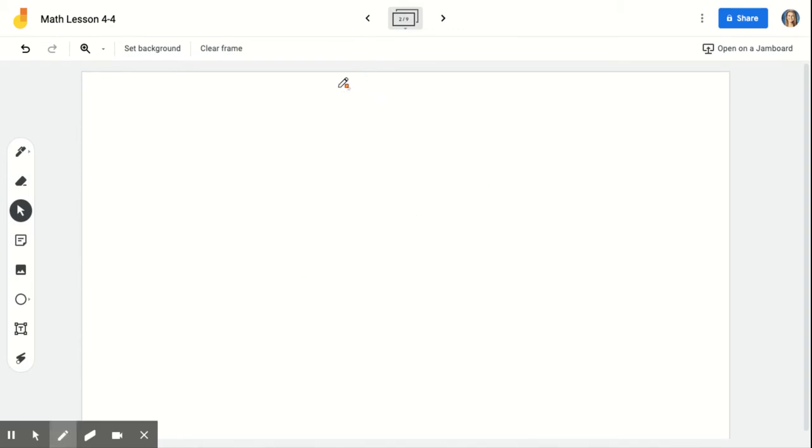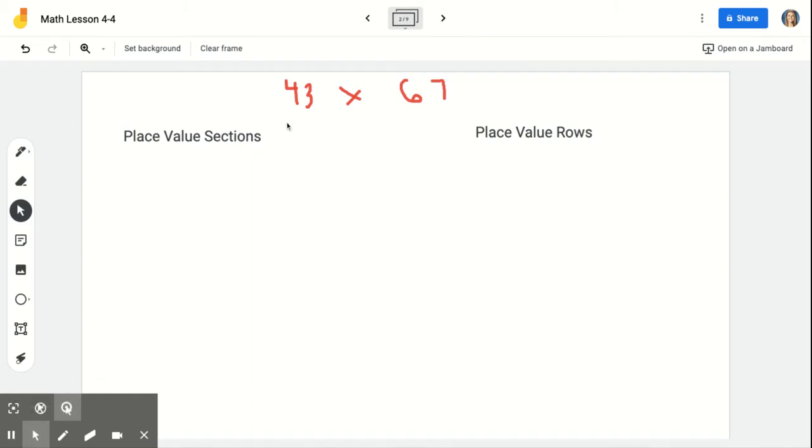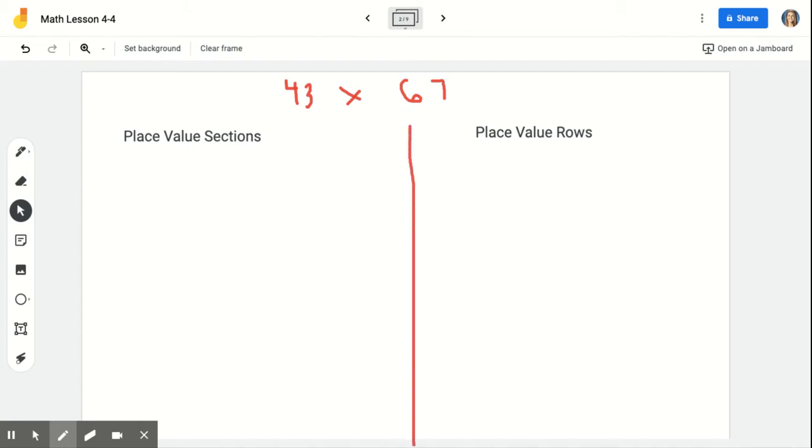At the very top, here's the multiplication sentence. It's 43 times 67. And underneath the multiplication sentence, we're basically going to be splitting our whiteboard down the middle into two parts. So get your marker and as even as possible, split your whiteboard into two parts.